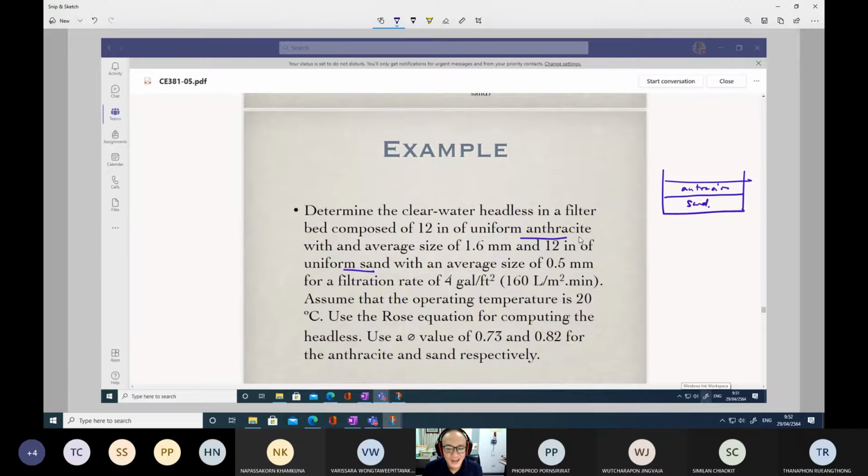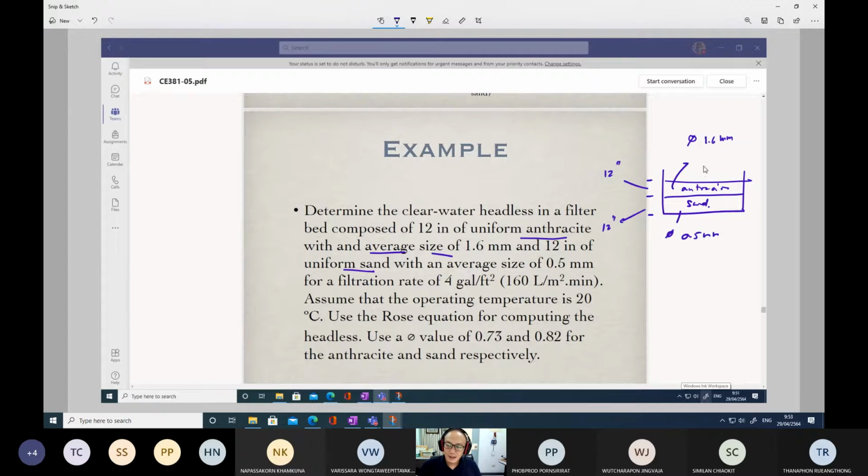For the anthracite, the thickness of this layer is 12 inches, and the average size is about 1.6 millimeters. It's an average size, okay, not the effective size. This one we use the average size. And for the sand, the thickness of this layer is also 12 inches, and the average size is 0.5 millimeters.